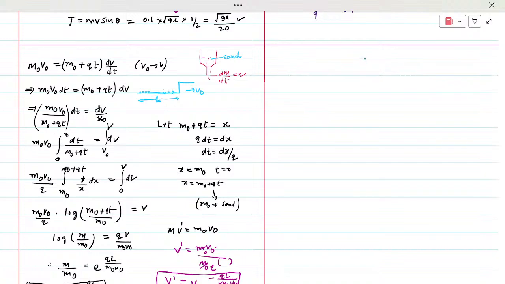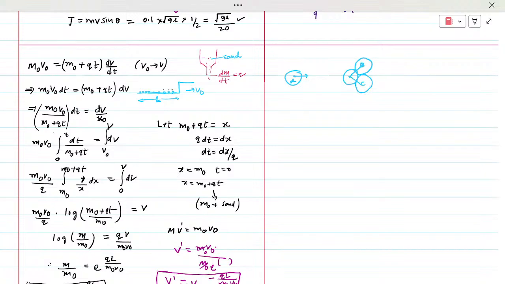So here 2 identical spheres are there. One is B, the other one is C. Another identical sphere A is coming to collide. This is A, and a collision takes place. All are the same size, but the mass is not the same. Same size means radii are equal. Why am I telling same size?